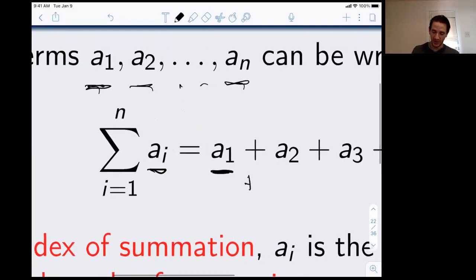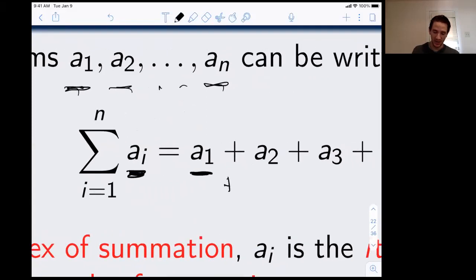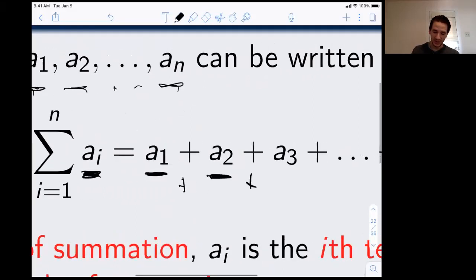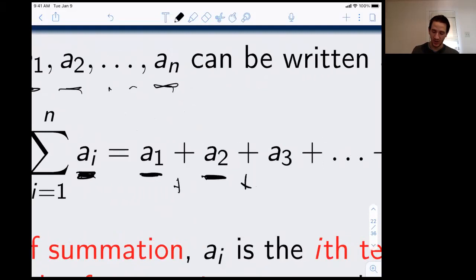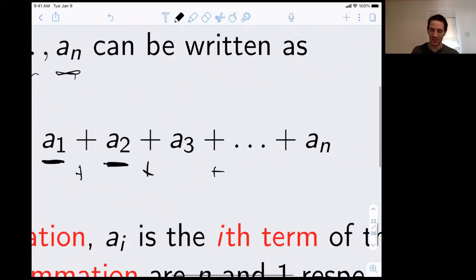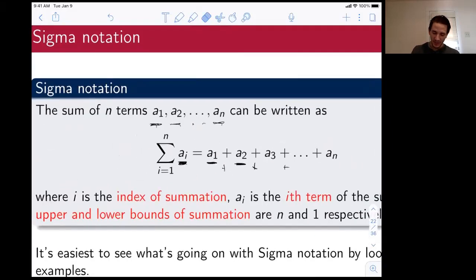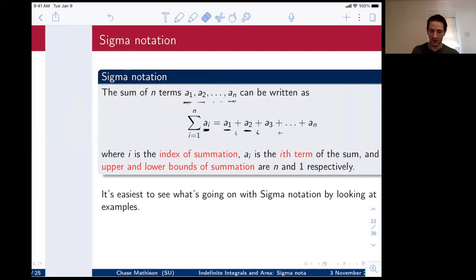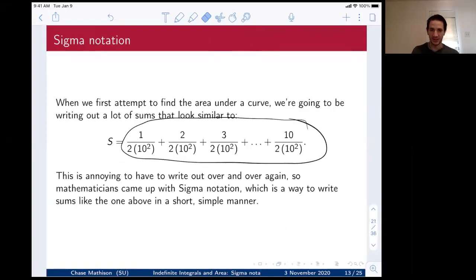Then you write plus, and then you go back and let i equal 2 in here, and you write that term down. And then plus, and then you let i equal 3, and you write that term down. You write plus, and you do that all the way up to i equals n. Okay, that's all that this means. And so it's a quick way to write out something like this over here.